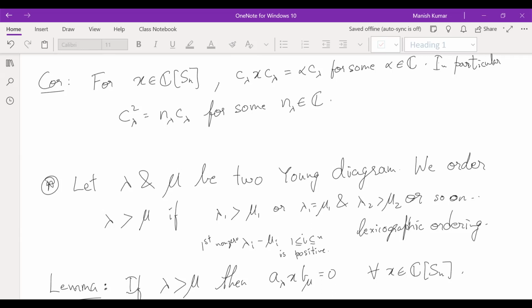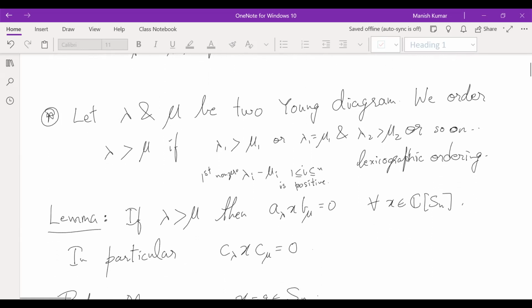on this partition. Okay, so this lemma I stated, but we didn't see a proof. Its proof is similar to the other lemma I was talking about. If lambda is greater than mu, then A lambda x B mu is 0 for all x in CSn.